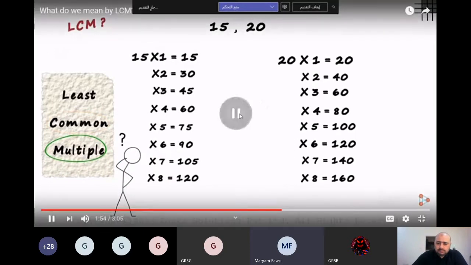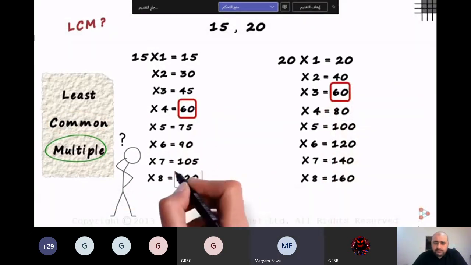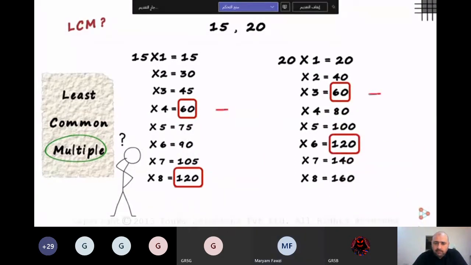We can see that 60 is present in both. Even 120 is present in both. 60 and 120 are two of the many common multiples of 15 and 20.